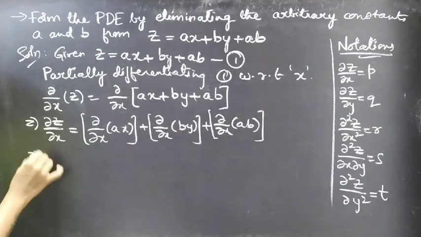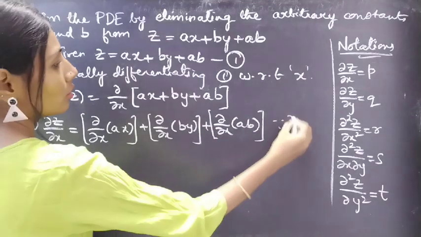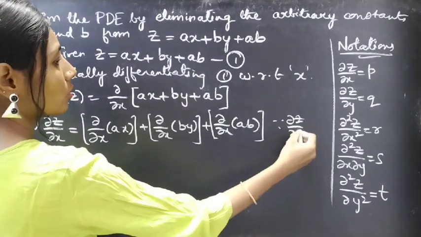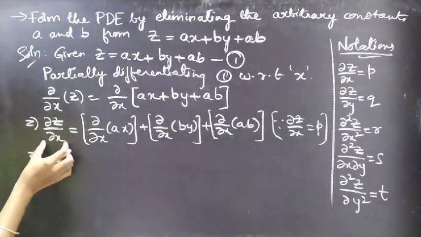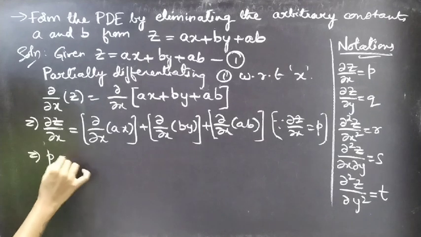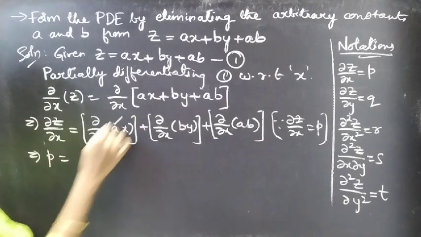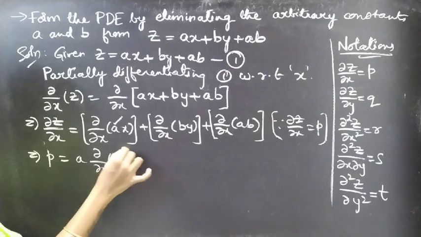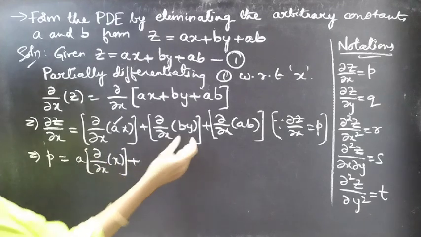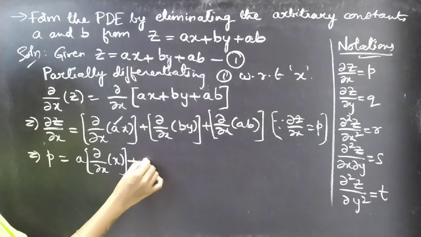Since we have a notation dou z by dou x equal to p, let's replace the LHS part by p. We'll get p equal to, you can write this as constant a into dou by dou x of x, plus partial derivative of constant with respect to x is 0.